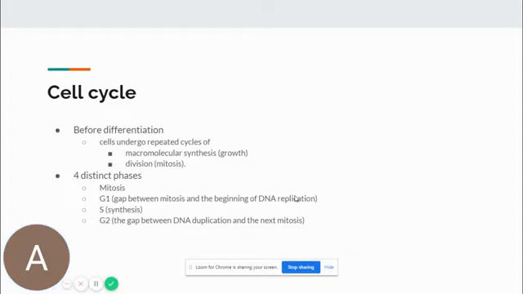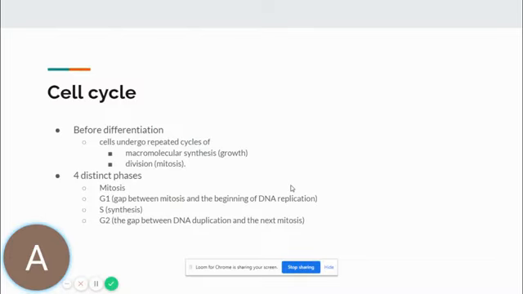Okay? So we have cell division or mitosis. After that, the cells will, of course, recover. For example, when you work, there will be a period where you need to recuperate and rejuvenate your resources.